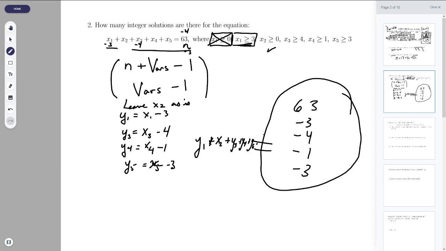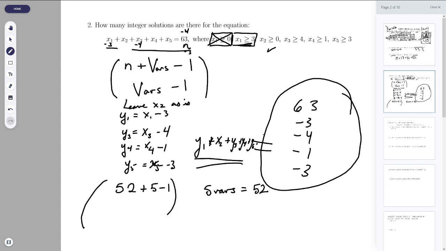So this is 63 minus 3, which is 60, minus another 8, which is 52. So here we have 5 variables equal to 52. If the question is how many possible solutions there are, we're going to get 52 plus 5 minus 1, choose 5 minus 1.